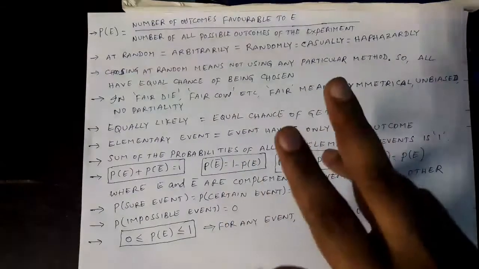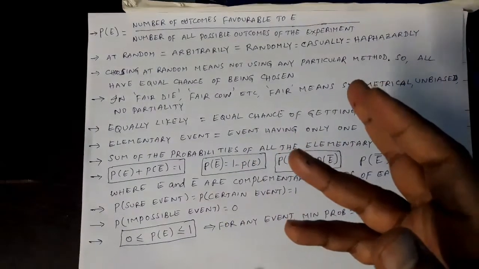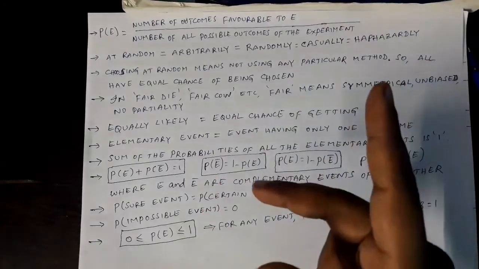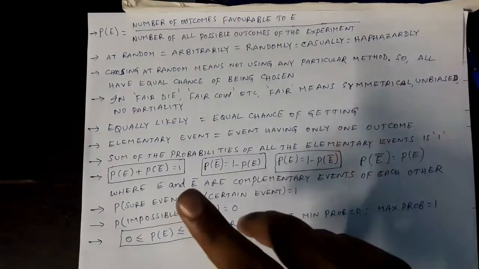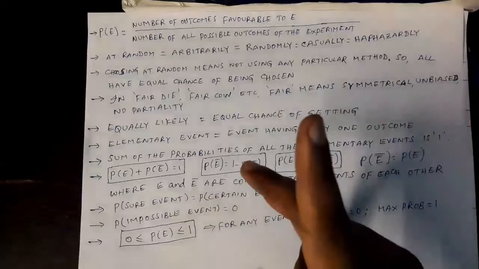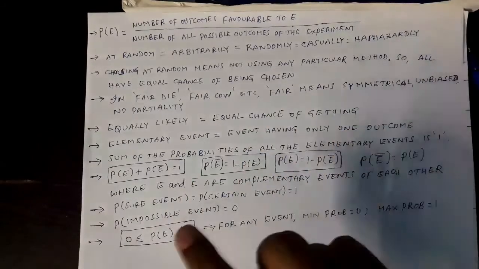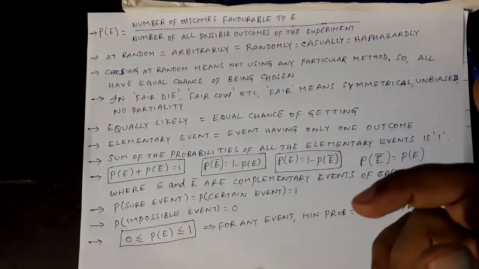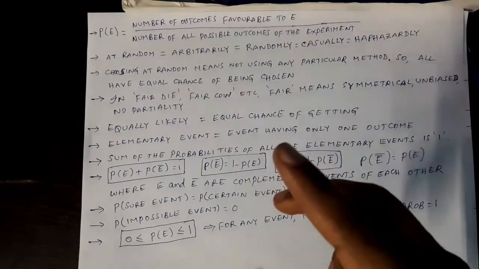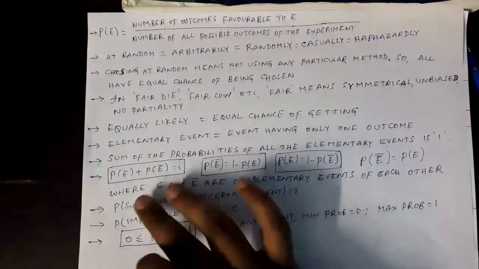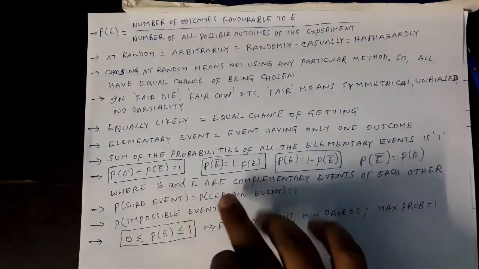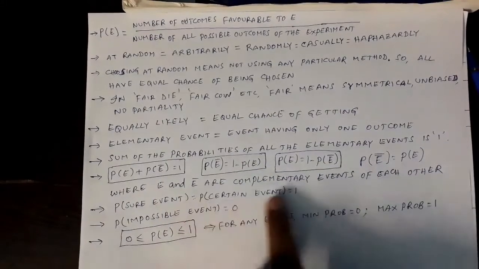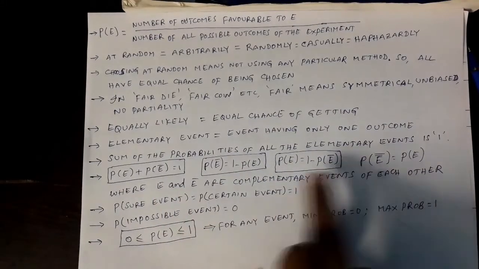We have seen the example when throwing a die, the probability of getting greater than 4 and less than or equal to 4. Both are complementary events and they form the complete outcomes. Also in another example, the probability of getting an odd number and an even number. In that case, P of E plus P of E bar is equal to 1, where E and E bar are complementary events of each other.